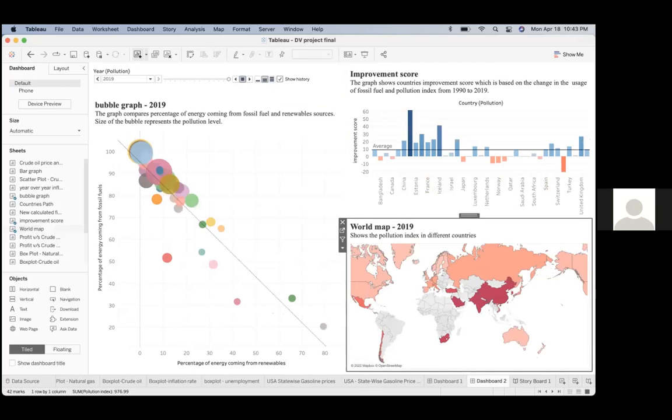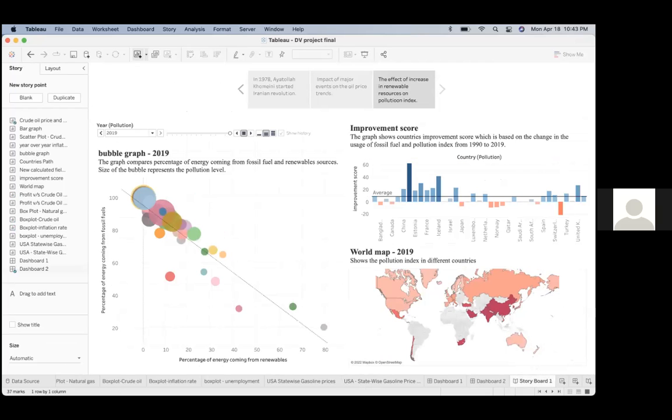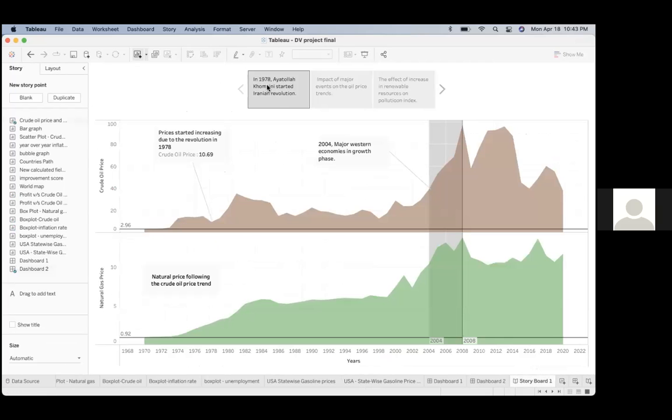So now let's go on to our storyboard, where Amar will explain the several historic events that occurred at several points of the dip and peak that we can see in the graph. In 1978, the prices started increasing because of the Iranian Revolution, and they peaked till about 1980.